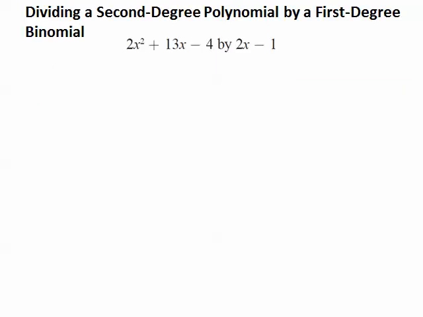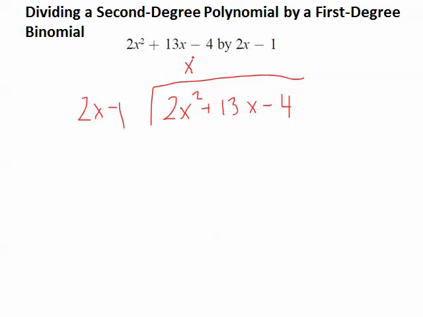Okay? Let's try another one here and do the same sort of thing. 2x squared plus 13x minus 4, and I'm going to divide that by 2x minus 1.